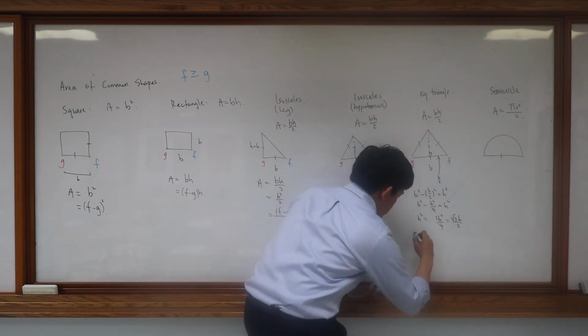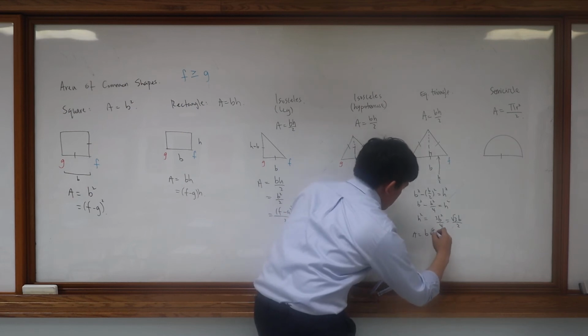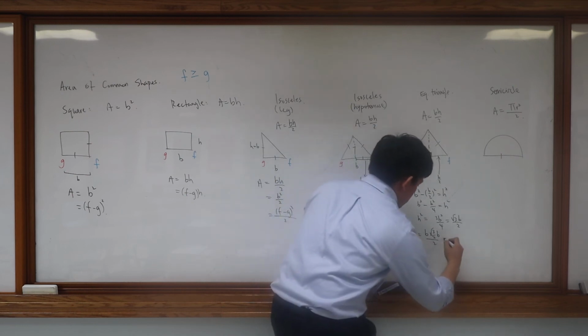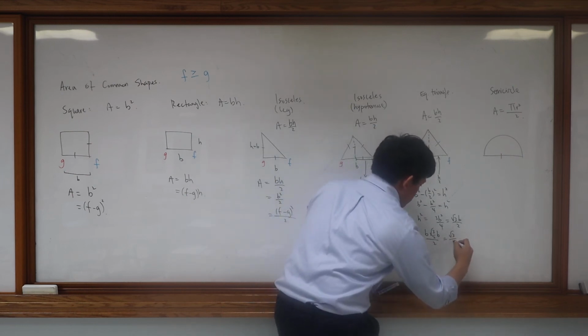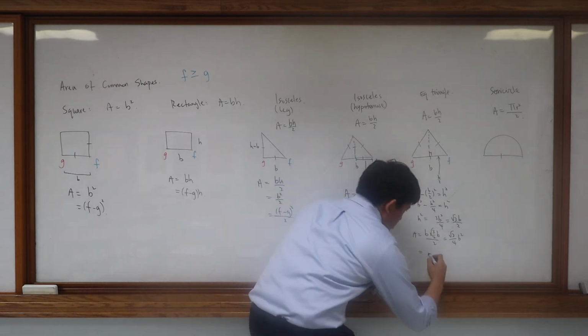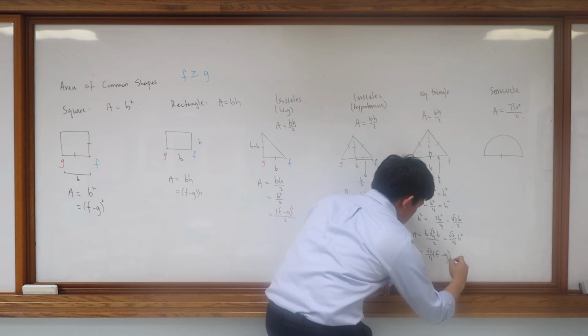That means my area is base times height divided by 2. Root 3 over 2 times b, dividing by 2, you're left with root 3 over 4 b squared. In terms of f and g, you have root 3 over 4 times f minus g squared.